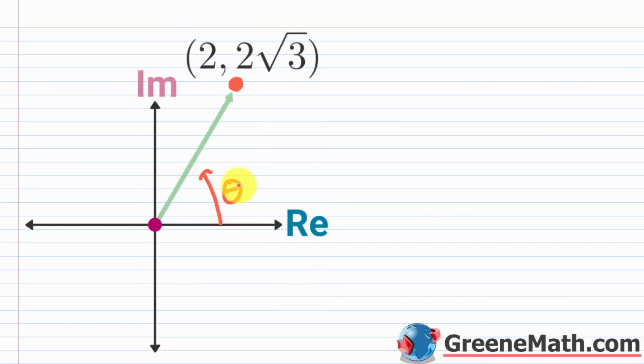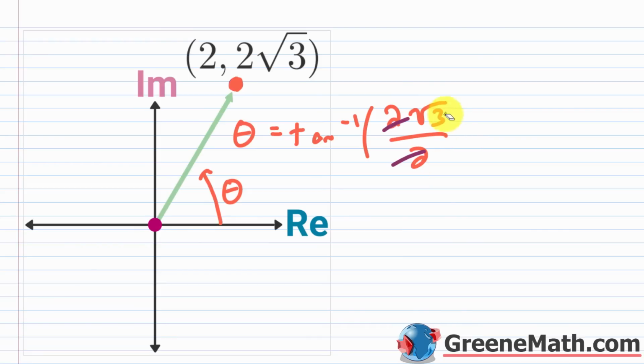Okay, that's our theta. And so this is very easy. We can just use our inverse tangent function, and there won't be any problems. We'll say that theta is equal to this. And so we're going to do imaginary over real. Okay, so y over x or b over a or whatever notation you're using, just remember imaginary over real. So 2 times square root of 3 over 2. The 2's are going to cancel, and so this just becomes square root of 3.